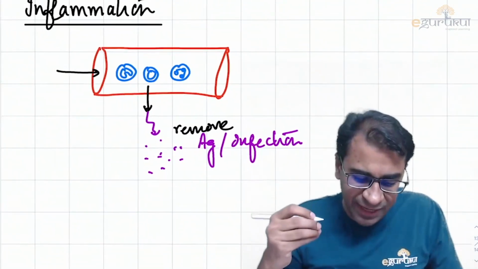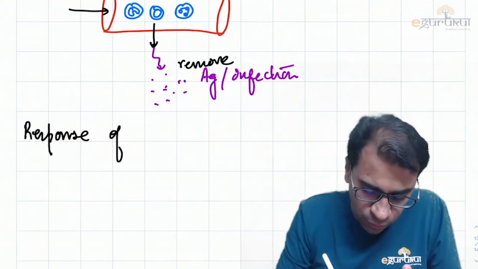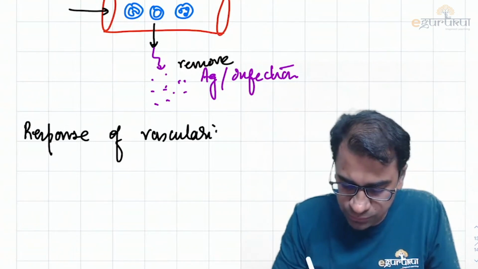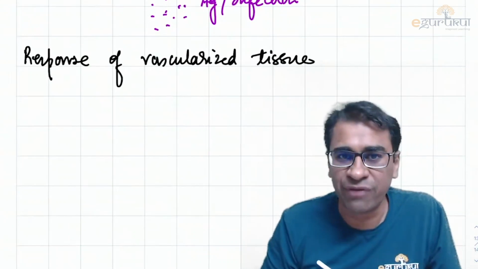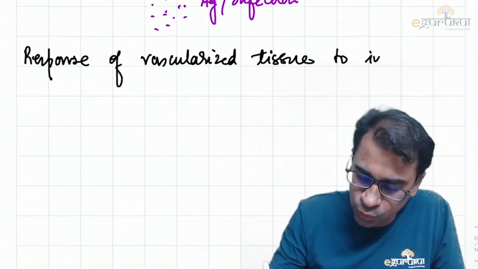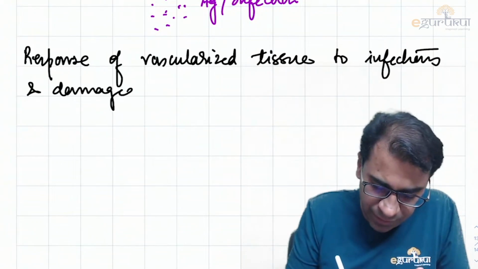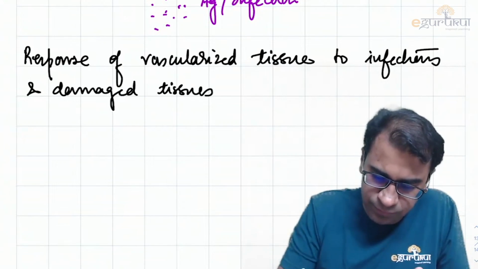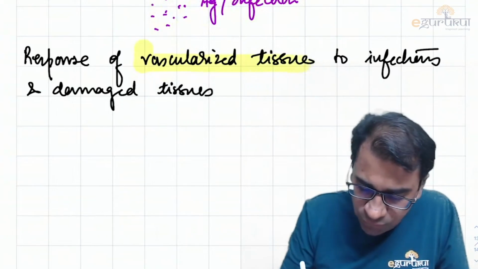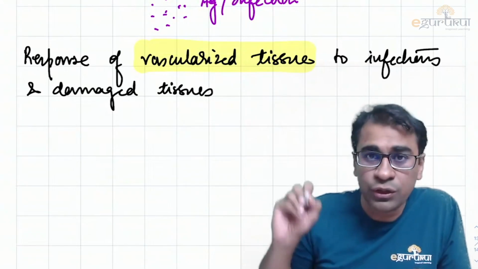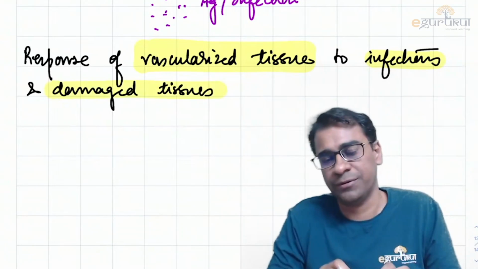That means we can define inflammation as a response of vascularized tissue to infections and damaged tissues. It must be very clearly understood that it is a response of vascularized tissue to the infection and the damaged tissues. That is very, very important.